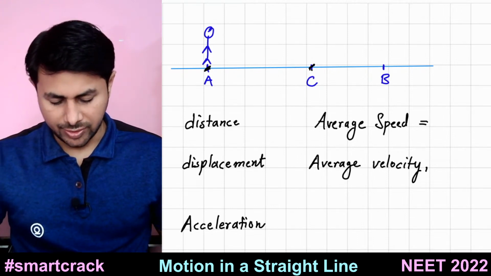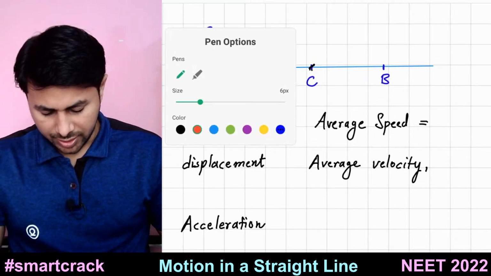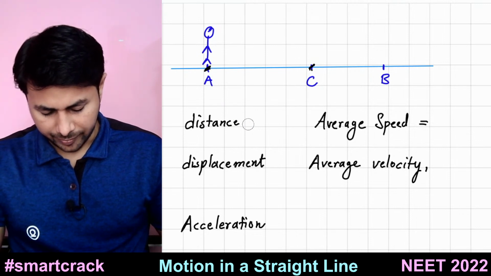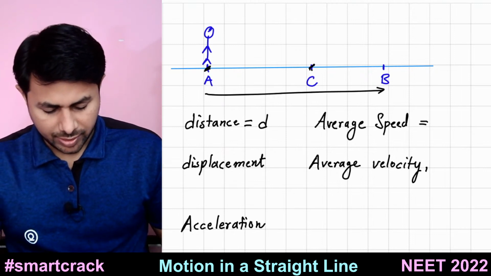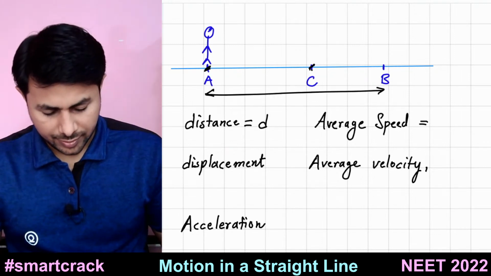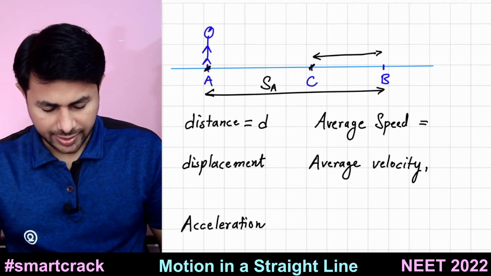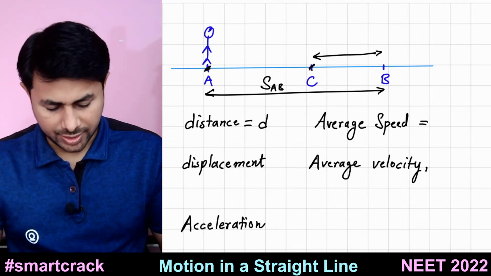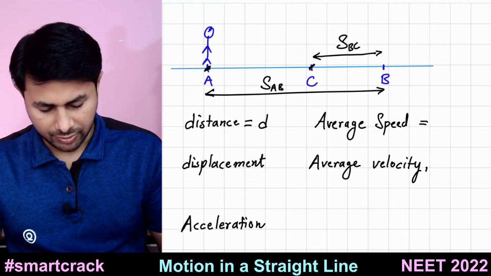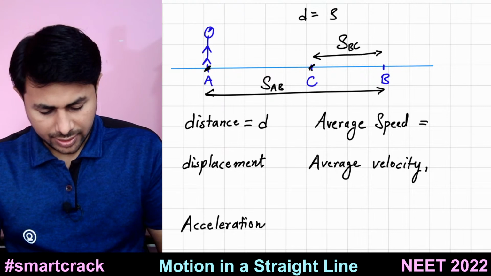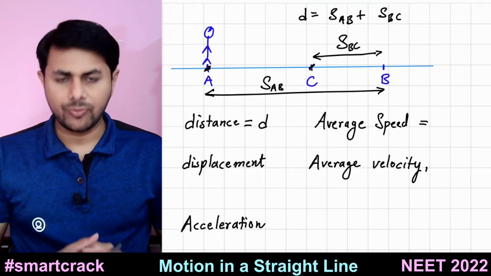We'll denote distance covered by letter D. So it is the distance from A to B and distance from B to C, the length of the path from A to B plus the length of the path from B to C. So it is S_AB. So D is equal to S_AB plus S_BC.